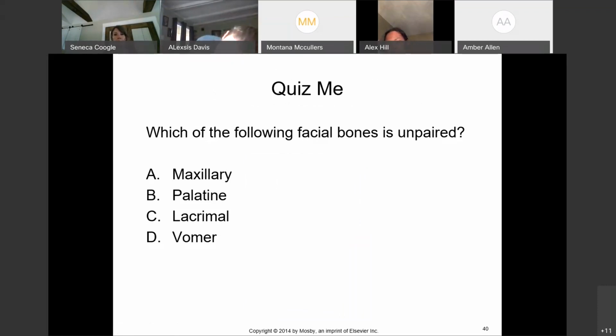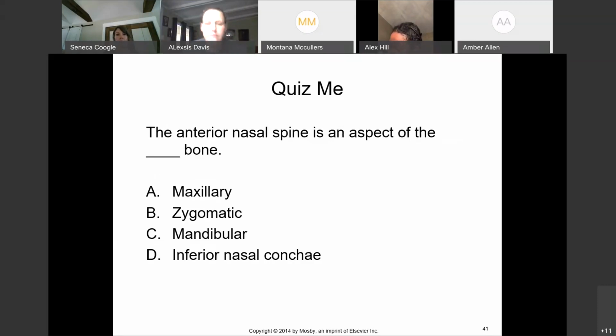So which of the following facial bones is unpaired? That is the vomer. 2 maxillary, 2 palatine, 2 lacrimal, 1 vomer. Anterior nasal spine is the aspect of which bone? Maxillary.